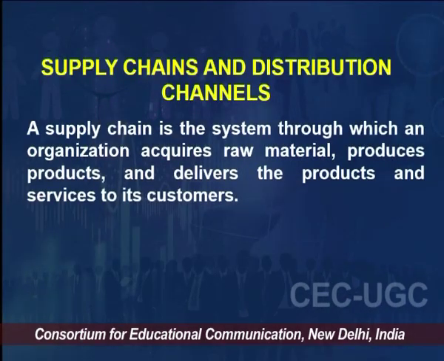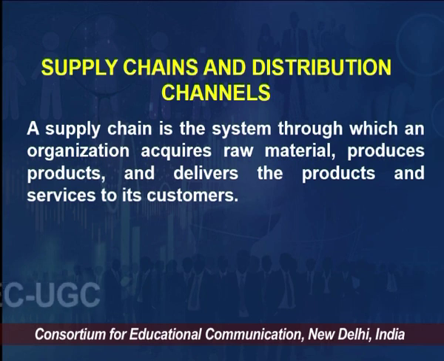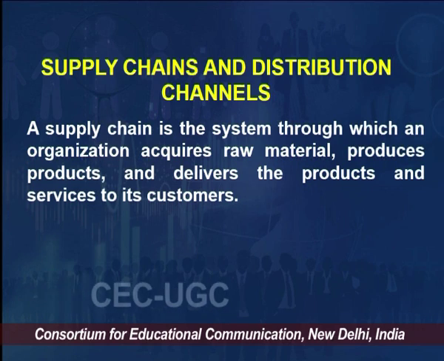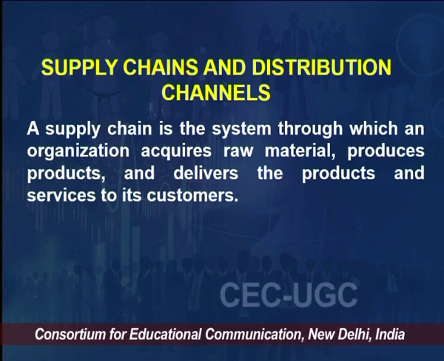So keeping that in mind, we'll talk about the difference between the supply chain and distribution channel. We all know that supply chain is a system by which an organization or a company is acquiring raw material, producing products, and eventually delivering the products and services to their customers.